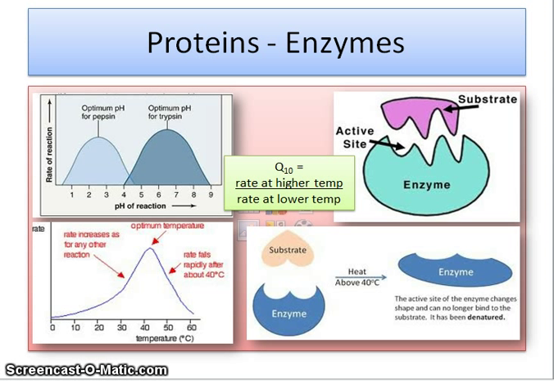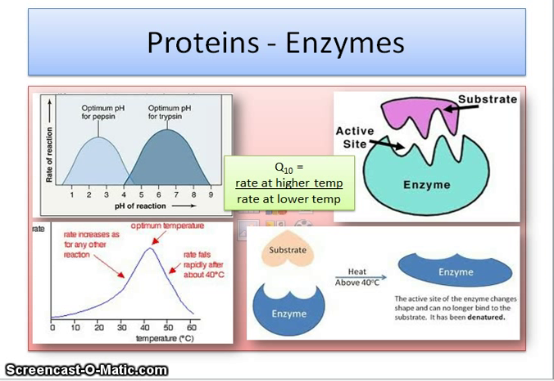You have these reactions taking place for photosynthesis, for respiration, for protein synthesis with the ribosomes. All of these things need enzymes to help them to work, as well as, like I said, all your digestive enzymes.